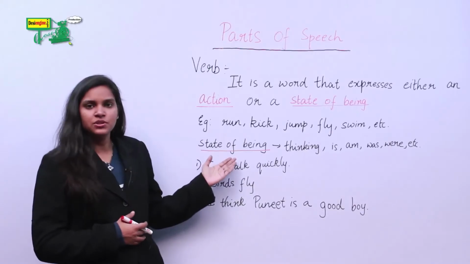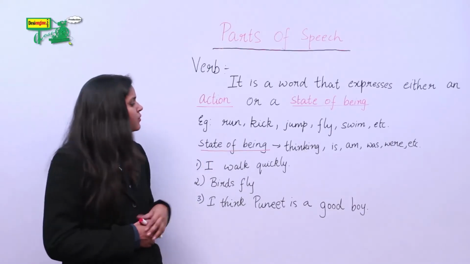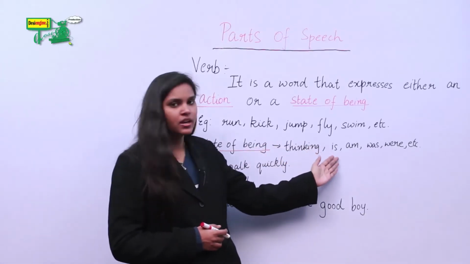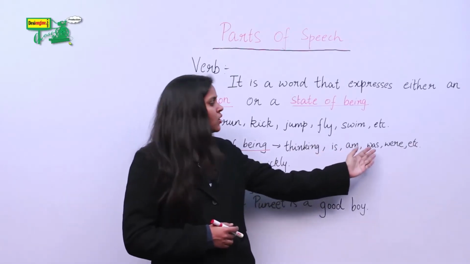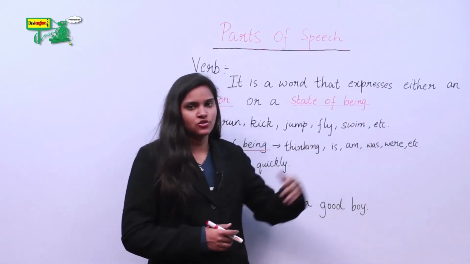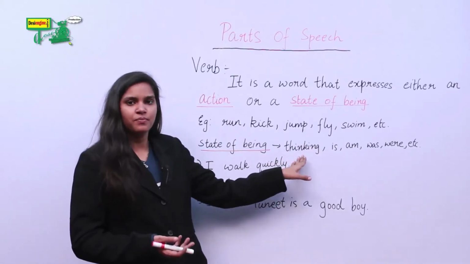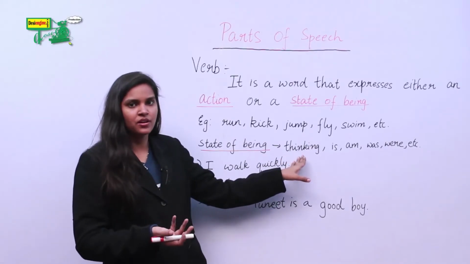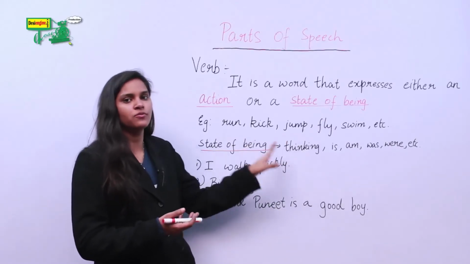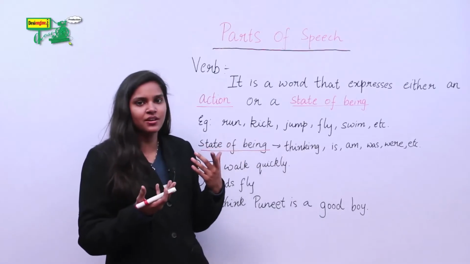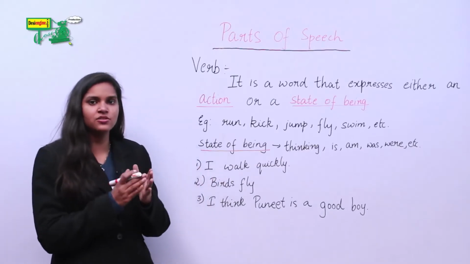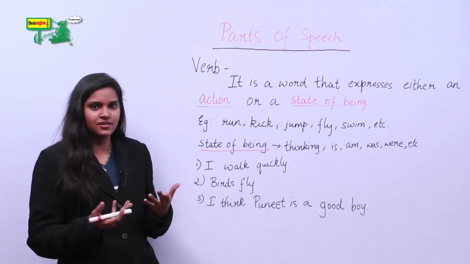A few examples of state of being are thinking, is, am, was, were, etc. In this example, you cannot see the thinking process happening. That's why it is a state of being. You cannot see me thinking, but it is a state which exists.